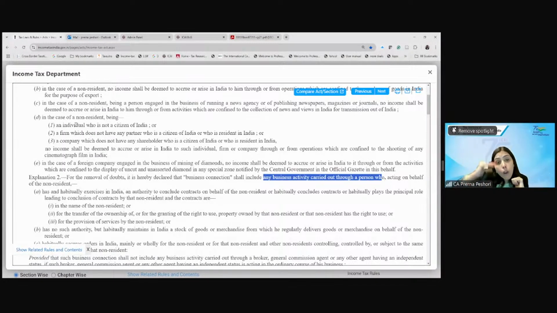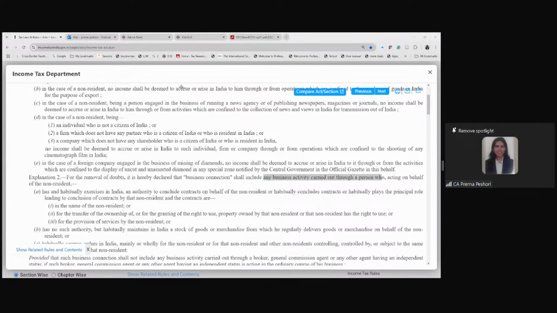And this was all across the globe. In every country, there is almost a similar definition of the permanent establishment or business connection. So worldwide, they were able to avoid the definition of the permanent establishment. Are you getting this particular point?